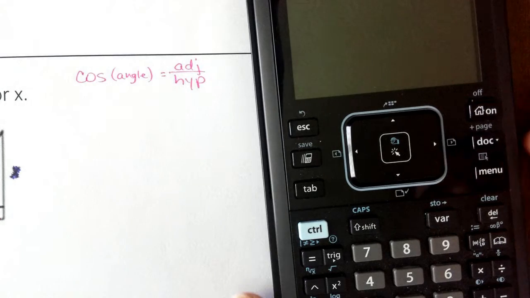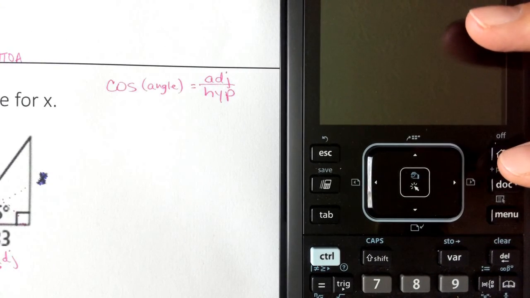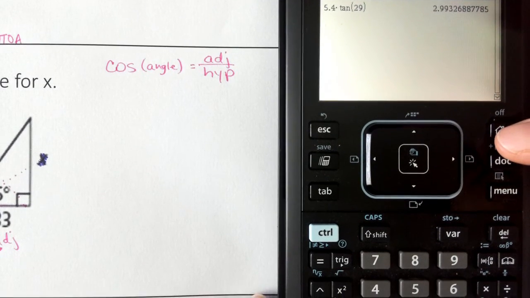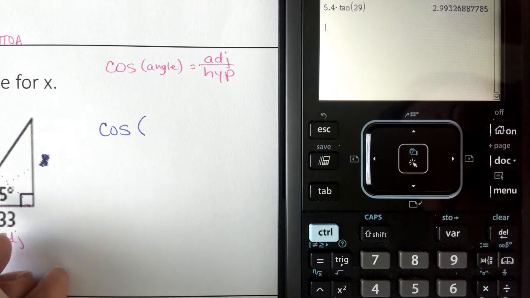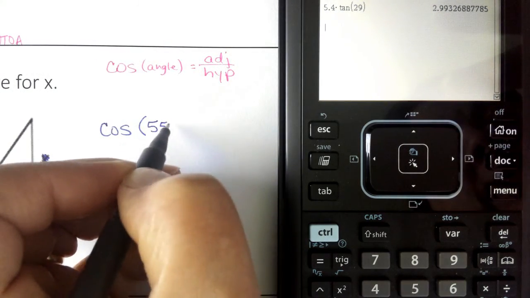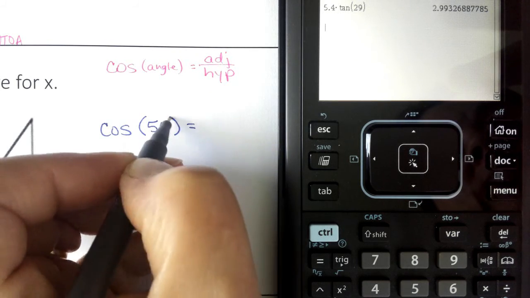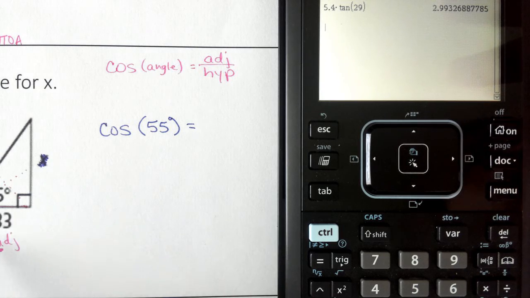I don't really need the picture anymore so that I can see my calculator a little bit better and have it ready. So cosine of the angle is 55 degrees. It's always an acute angle, never the right angle. And that's equal to the adjacent leg, which was the 33 down here on the bottom.